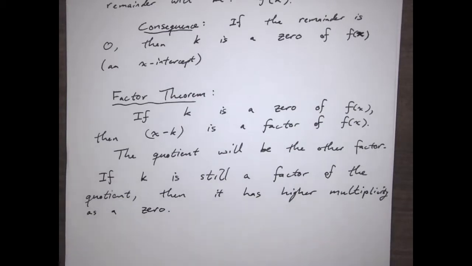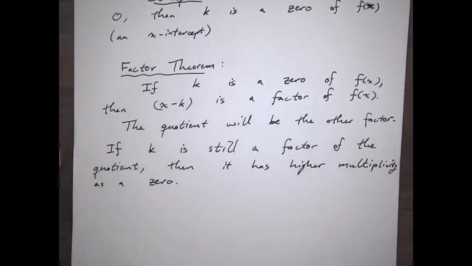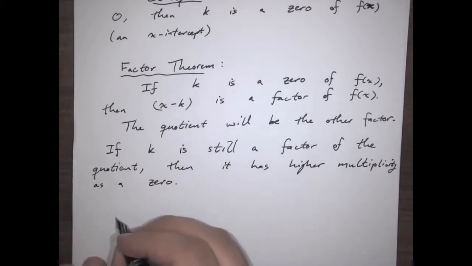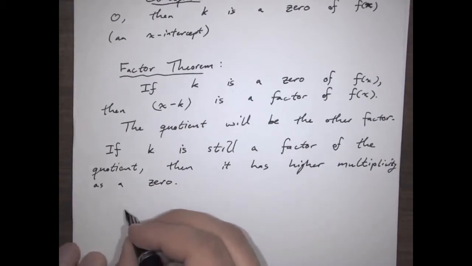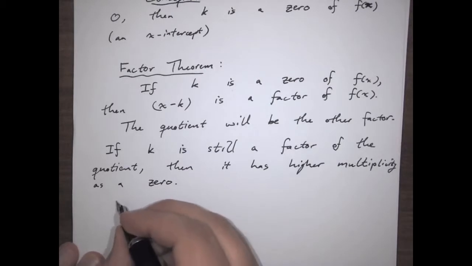So we will then repeat the process of synthetic division to see how many times k actually appears as a factor. Okay, and now the last in this little sequence of theorems is going to be what is called the rational zero theorem.